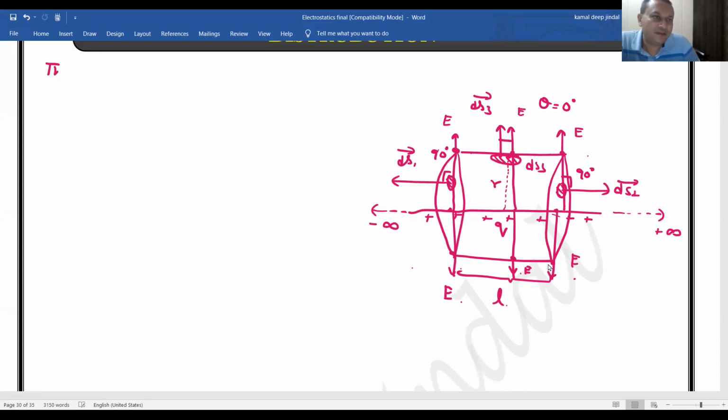The point P lies at a distance r from the charge.